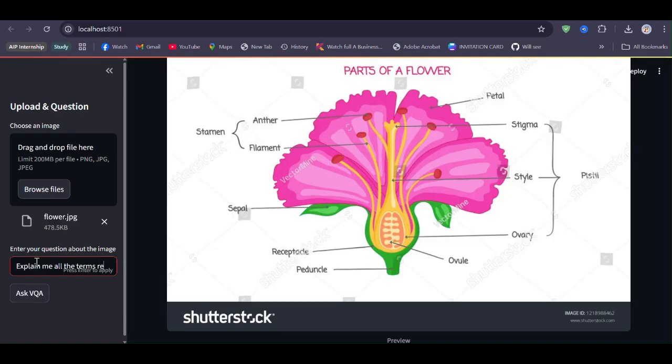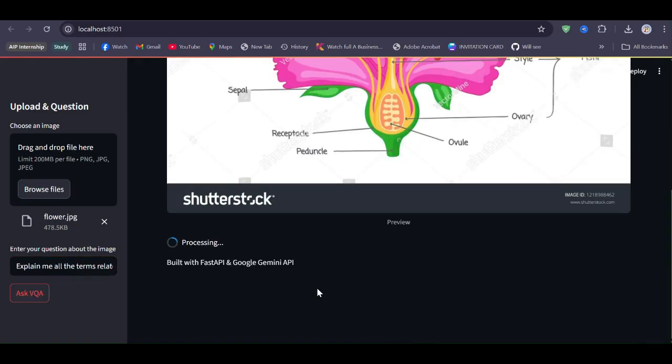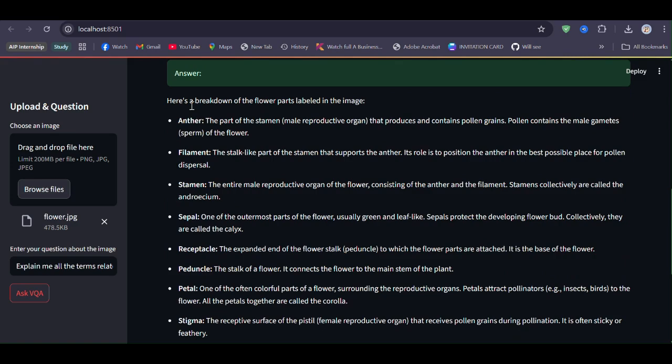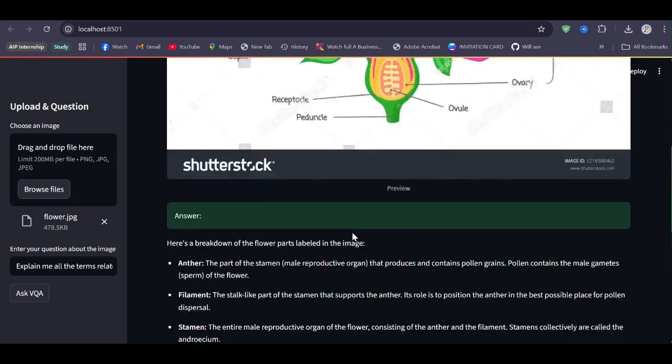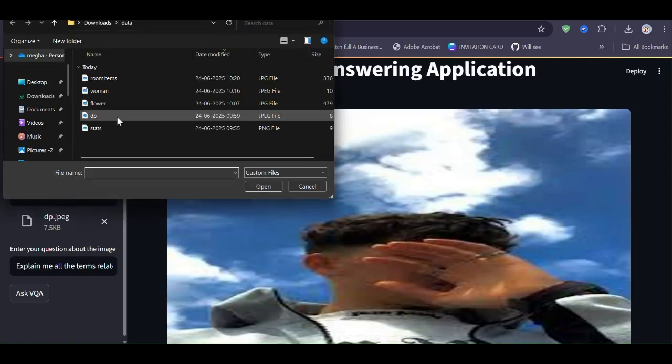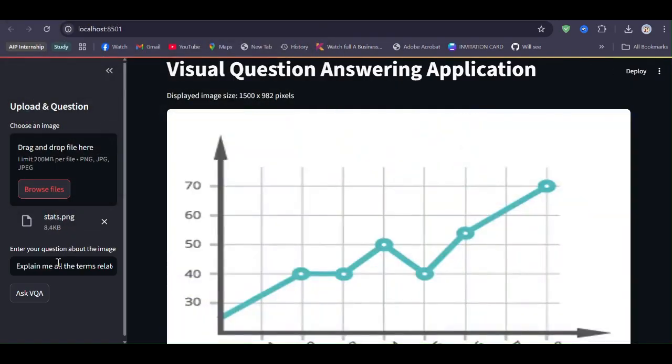Now I will ask the question: explain all the terms related to the image in detail. If you write in detail, in summary, it would answer accordingly. It's taking some time processing, and yes, you can see now how it answered. So it could come in handy for educational purposes, to explain or understand various types of descriptive images.